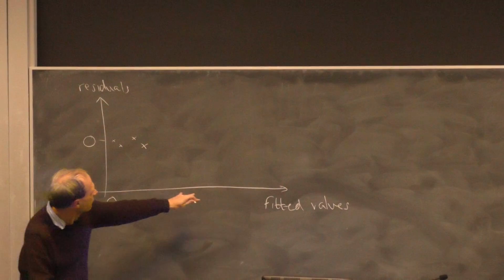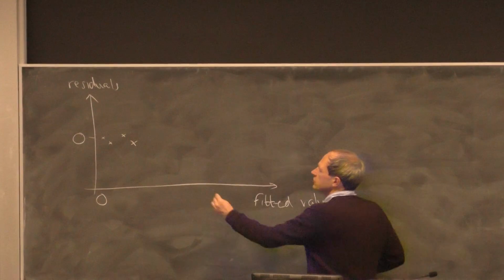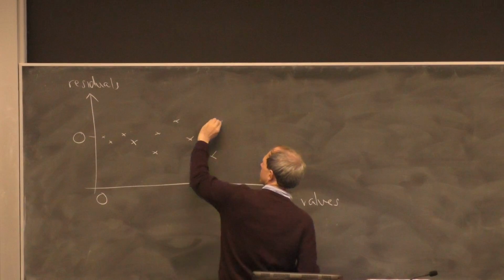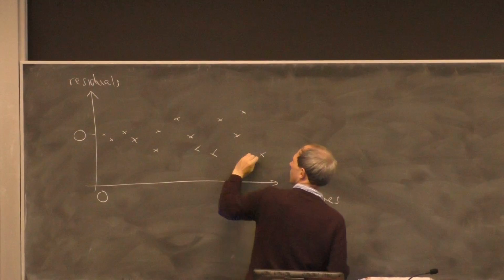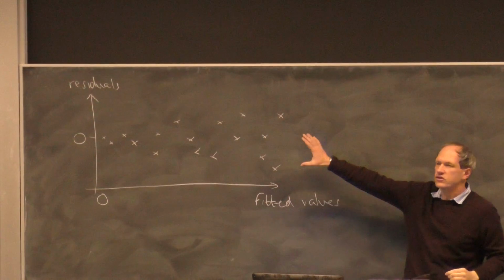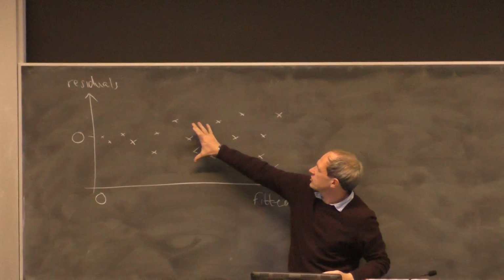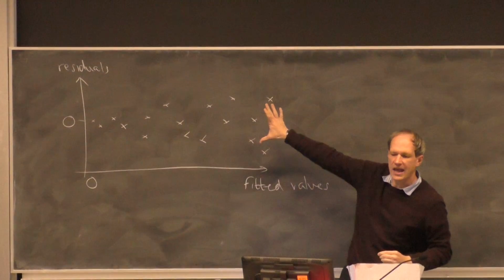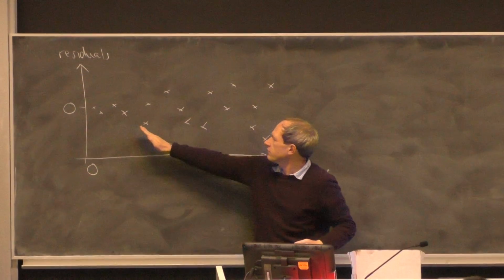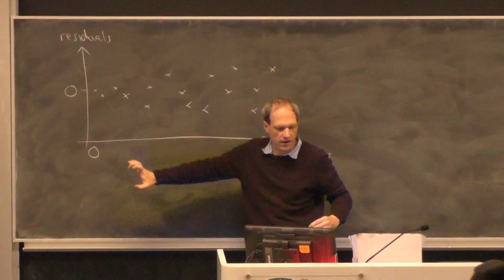But over here, once the fitted values are larger and there's more room to vary about 0, we'd get more variability. So we'd get something which looks a bit like this. The variability in the residuals fans out as the fitted values increase. So you get a plot which looks like this.